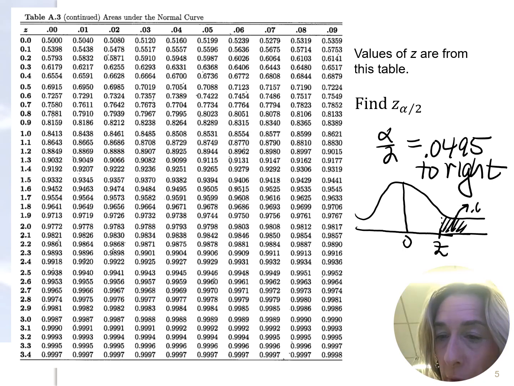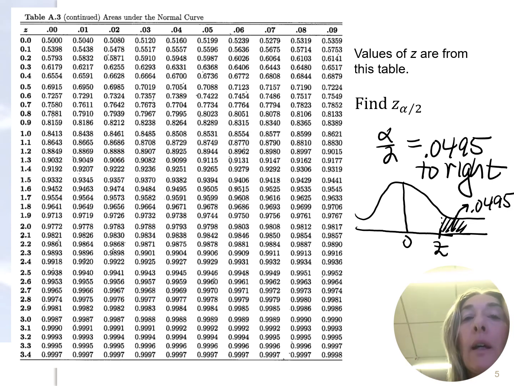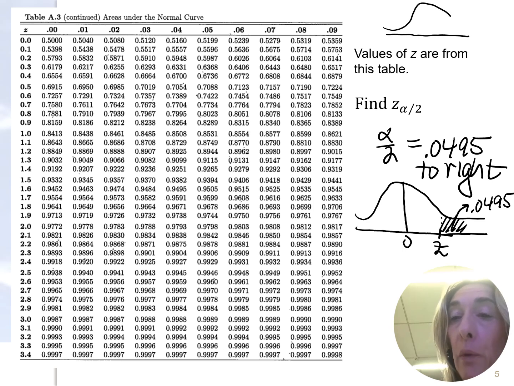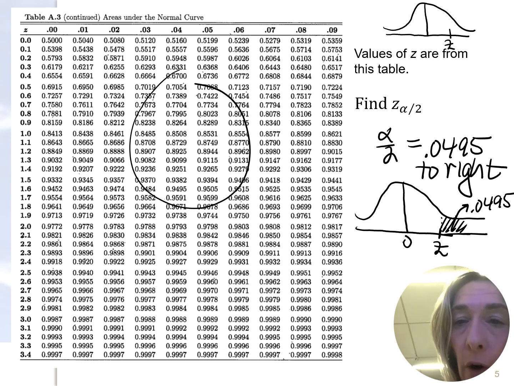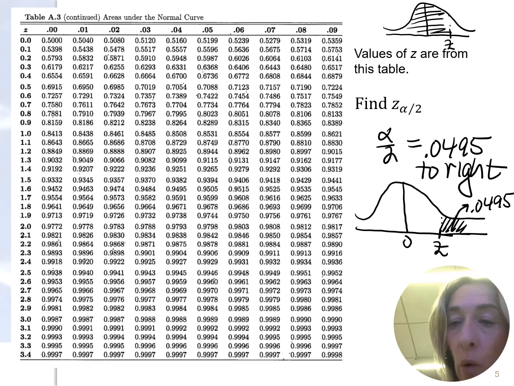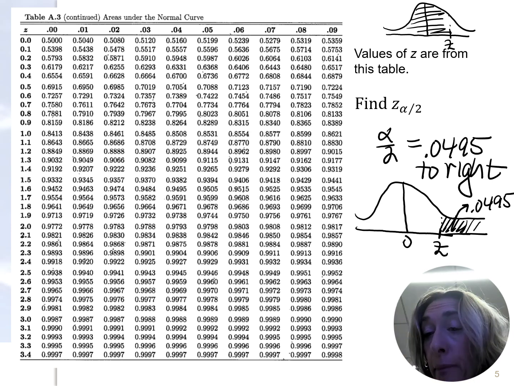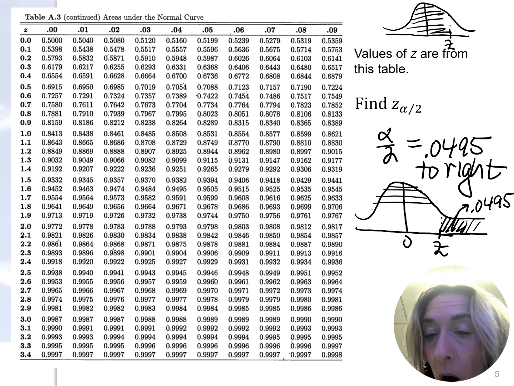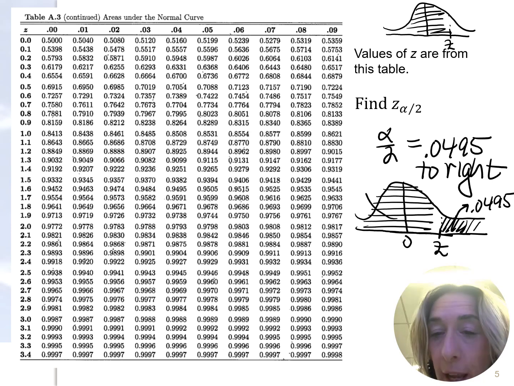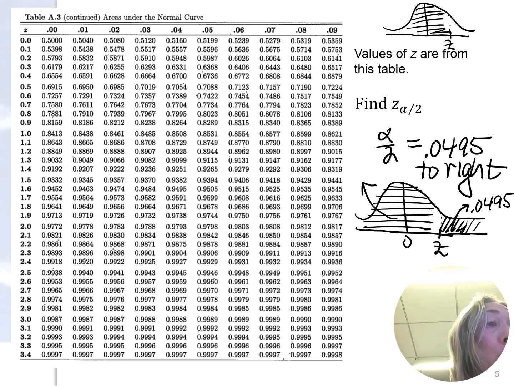How do we do that using the table? Remember that the visual legend isn't shown here, but in the table in the back of the book, it provides z values such that the areas in the center are to the left. So if we want to find the z value such that it has 0.0495 to the right, then we need to read off the z value that has an area of 1 minus that to the left.